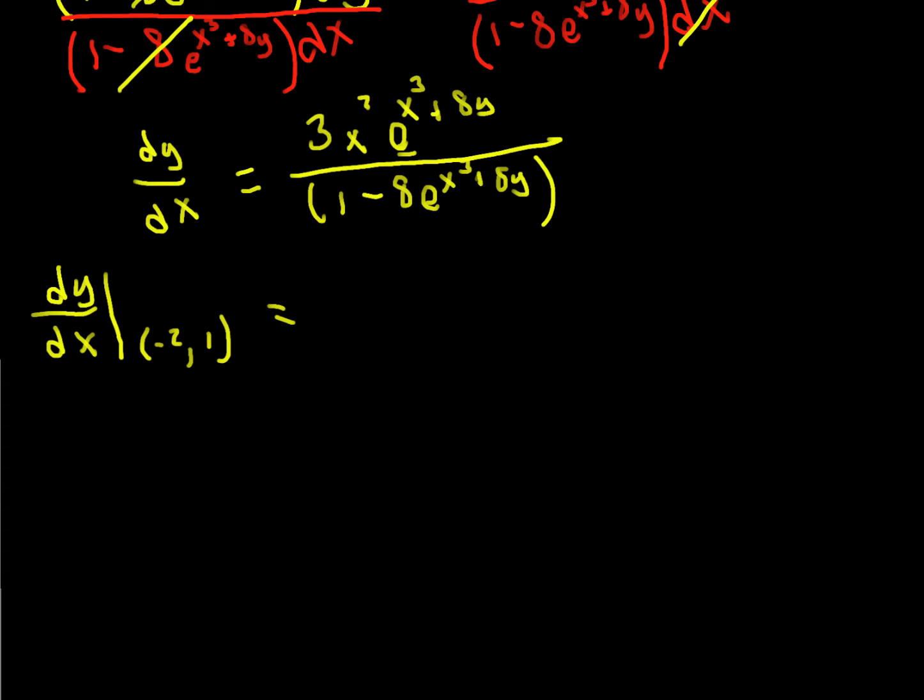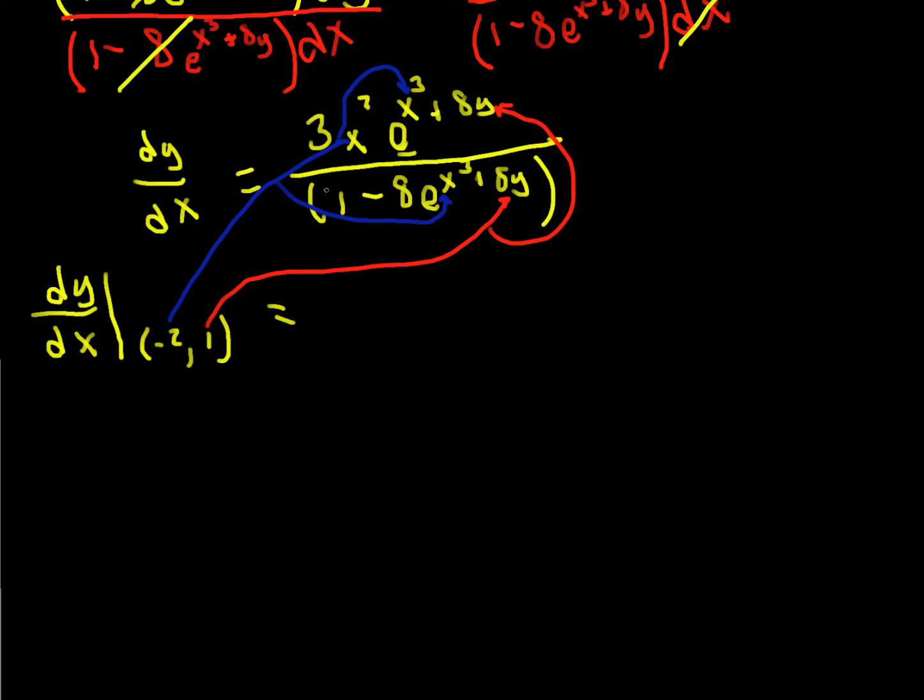I've got to put my -2 in for x. So I'm going to put my -2 right here, as well as here, as well as there. And similarly for the 1, that's my value for y. So I'm going to have to put it here and put it up there.